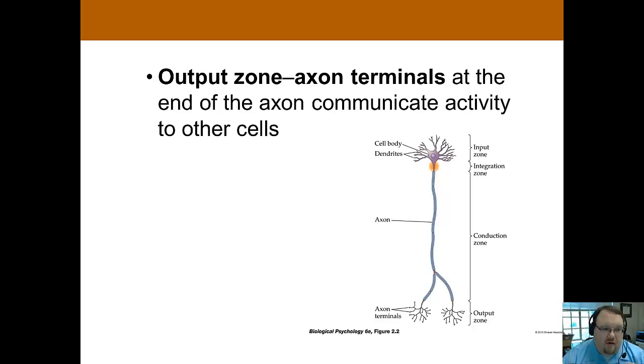So the output zone is where the information is then transmitted to other neurons. So we'll see how this works as time goes on, but the output zone is where the axon connects with other dendrites and sends that message along to the other neurons. And this is done through releasing chemical messengers called neurotransmitters into the synapse to pass that signal along.